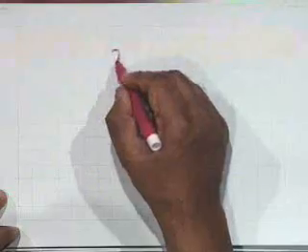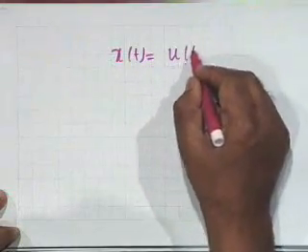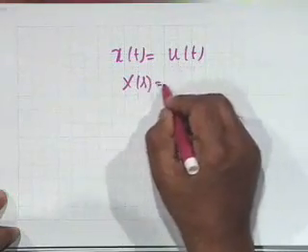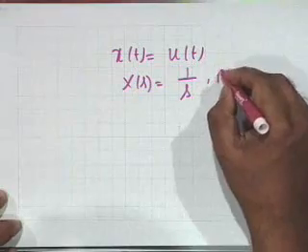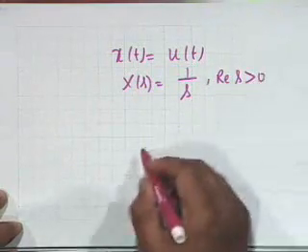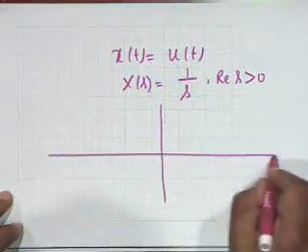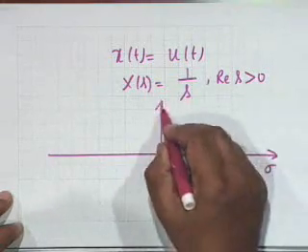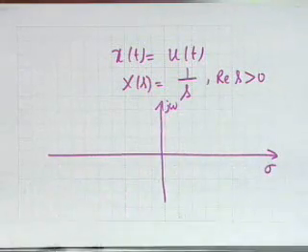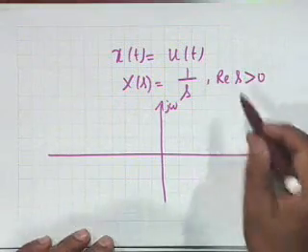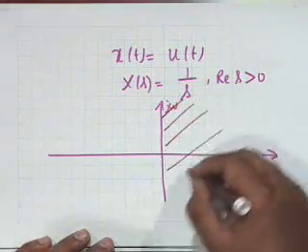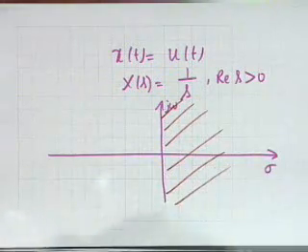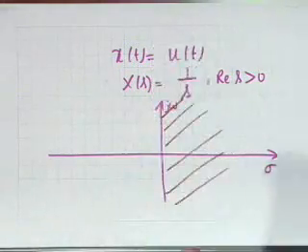What I did was x of t equal to u of t gives me capital X of s equal to 1 by s. I had put a equal to 0 with real part of s greater than 0, which means that if I look at the s plane, sigma j omega, then my real part of s, that is sigma, has to be greater than 0, which means the right half of the s plane. The middle line is the j omega axis.